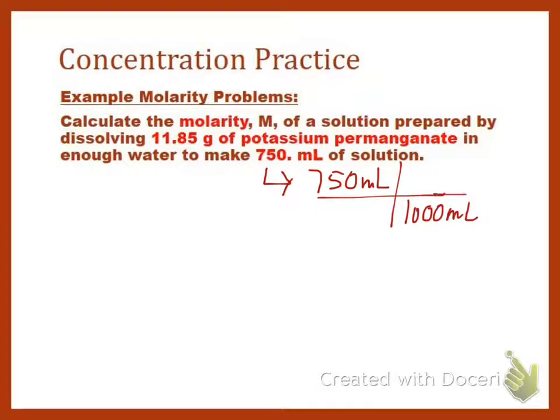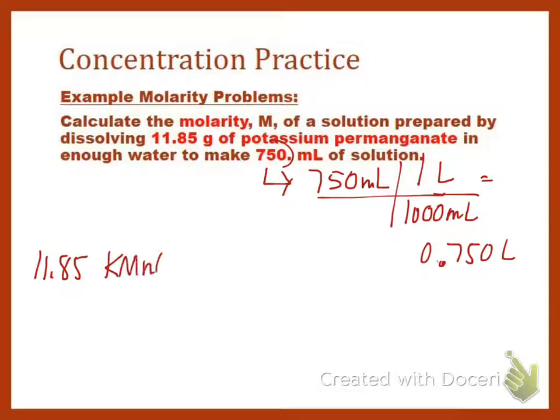I'm going to show you for the sake of people who are not sure. So it would be 0.25 liters. So if it's something with the 100 place right there, it's always going to be point that as a quick way to do it. So we're going to start with 11.85 grams of potassium permanganate, which is KMnO4.